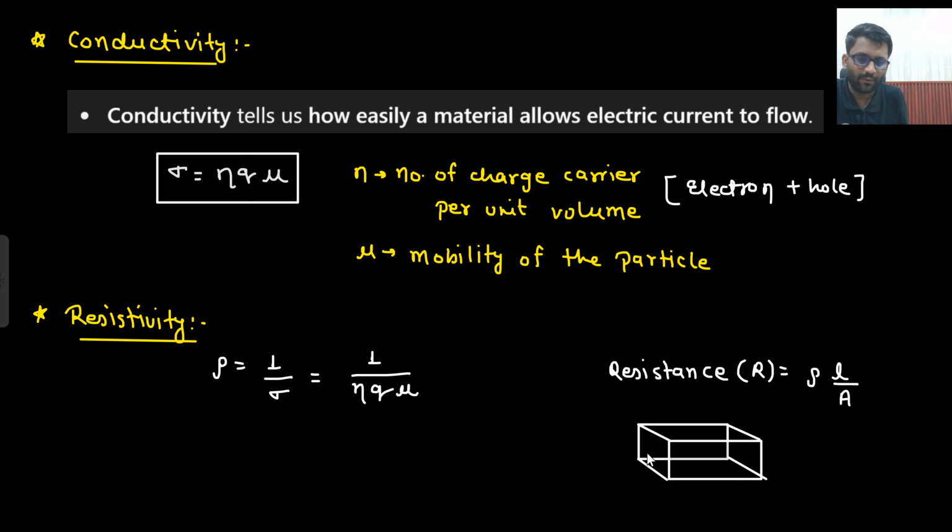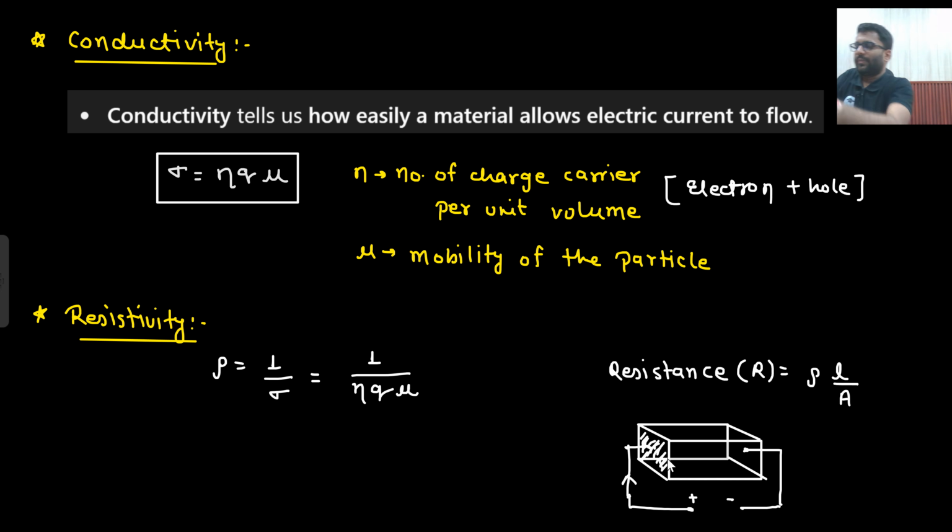Across this material, you are connecting a battery like this. So now the current will flow, passing through this particular area. Let's just say this was the material, and I have applied a battery, and current is passing from this particular area.